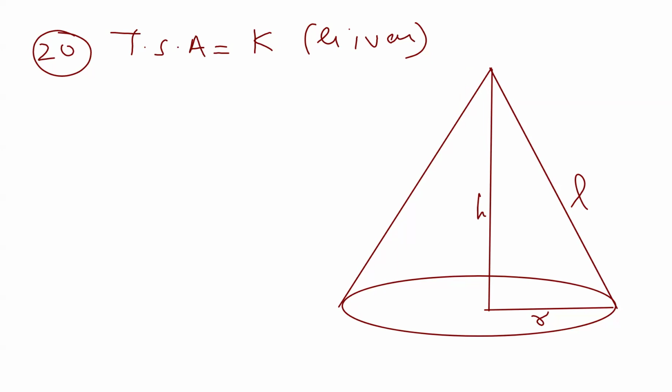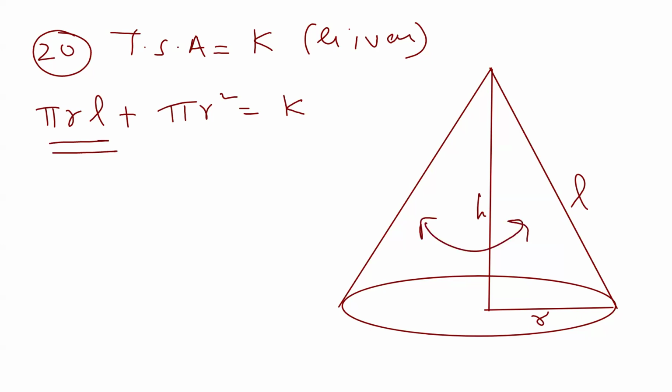Now total surface area of a cone is pi r L plus pi r square. You should know this, where pi r L is the curved surface area and pi r square is the area of the base, which is a circle. So this is constant.